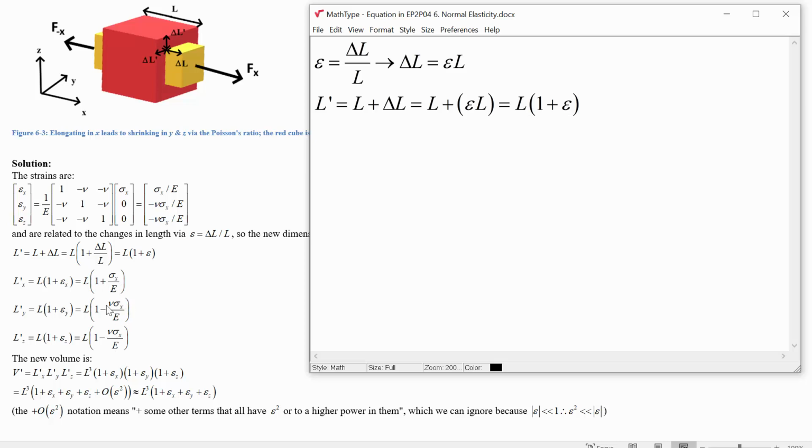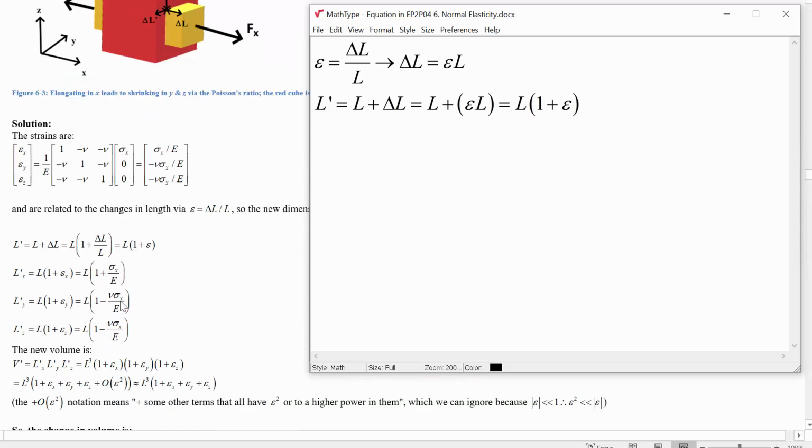But in the other dimensions, it'll compress, I should say not to but by, that same 0.1% times the Poisson's ratio. So if the Poisson's ratio is 0.5, it'll compress not by 0.1%, but by 0.05%. If the Poisson's ratio is 0.2, then it'll compress by 0.02%. Yeah. Okay.